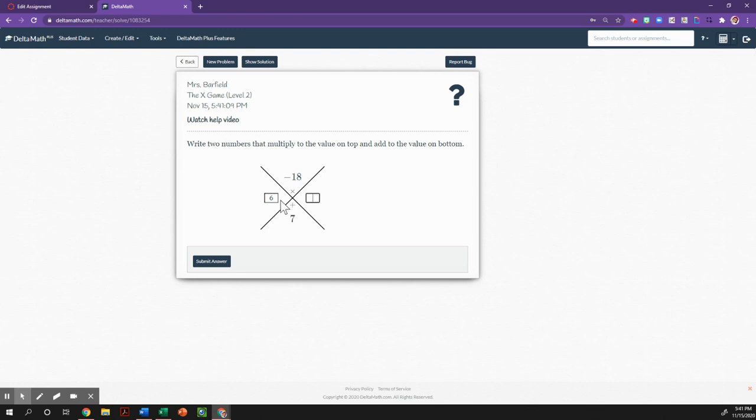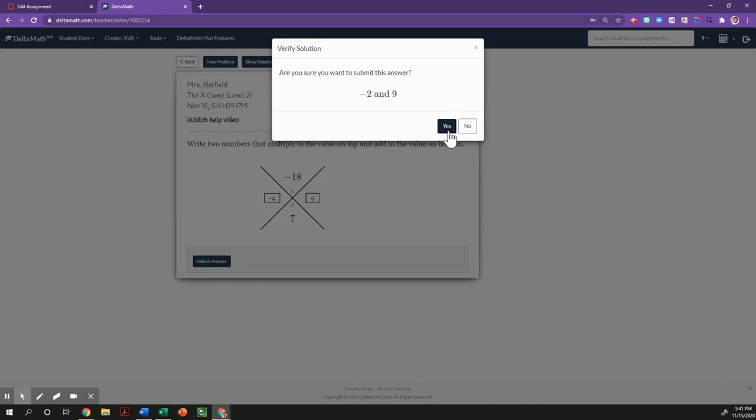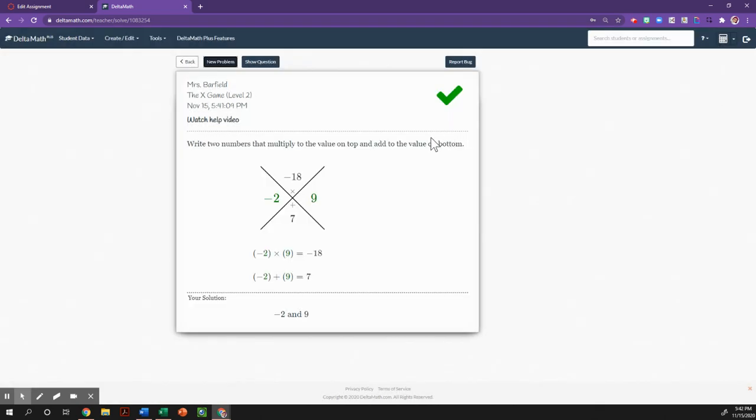So those are not the appropriate factors for 18. So 2 and 9 are the appropriate factors, but I need to get a positive 7, okay? So I should not make it negative 9 because 2 plus negative 9 gives me negative 7. I should make it negative 2 plus 9, which gives me a positive 7. Submit my answer. Yes, I have my green check.